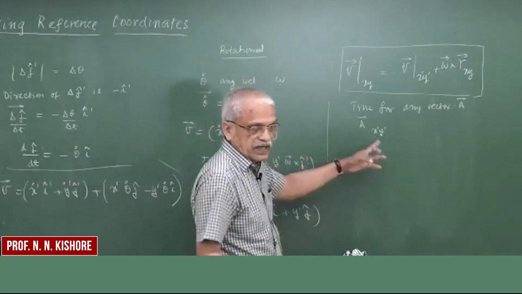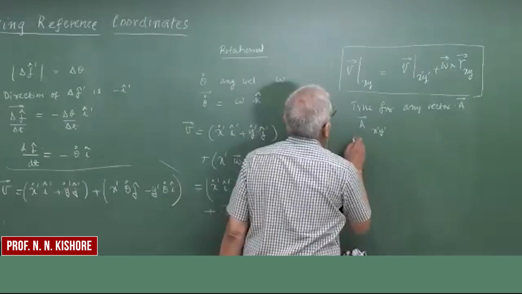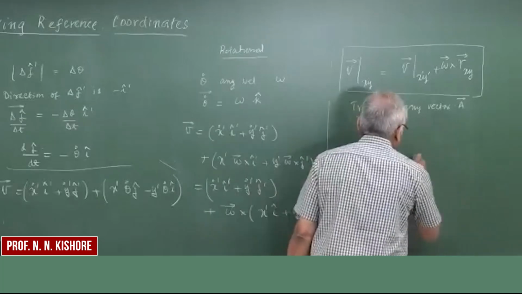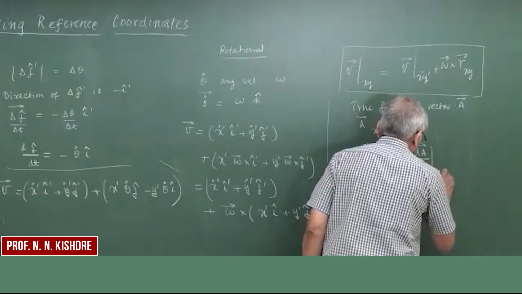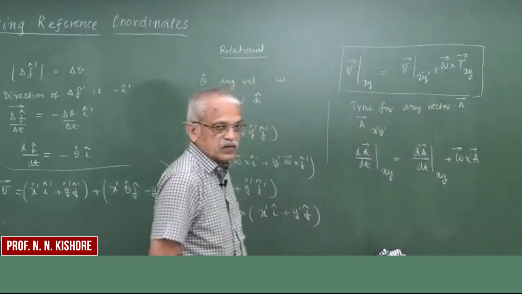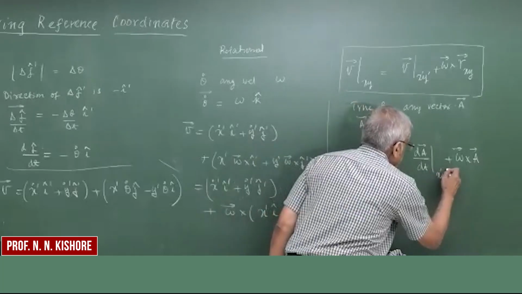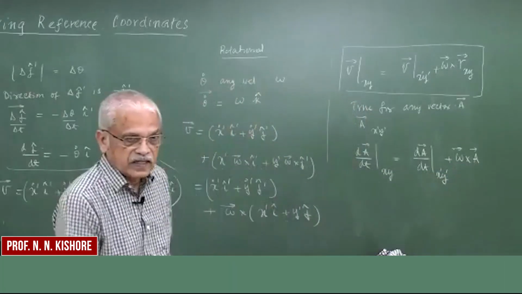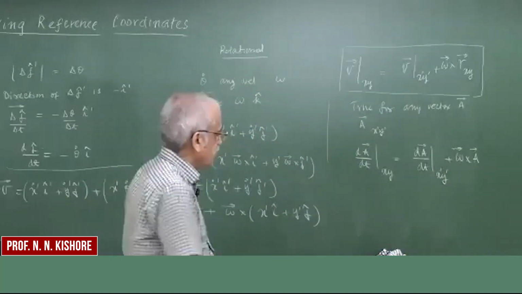If there is a time rate of change of A, as measured in the rotating frame, then I can write dA by dt with respect to the fixed frame as nothing but the time derivative as observed in the rotating frame, plus a correction factor omega cross A, because this is the difference between the rotating frame and the fixed frame.